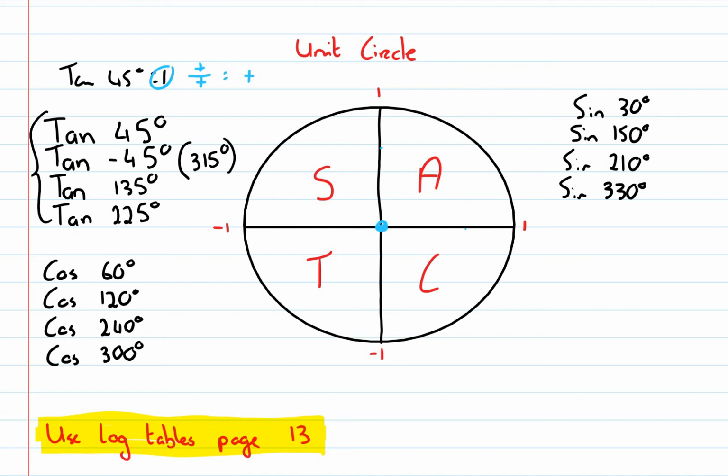Now let's look at this. We'll take, let's say, minus 45 degrees, which is in fact 315 degrees. Minus 45 degrees is down here. So where it hits there, goes across and goes across. Right. So this is positive. However, this is going down. This is the negative y-axis, so that will be negative.